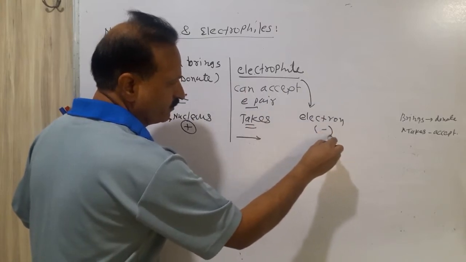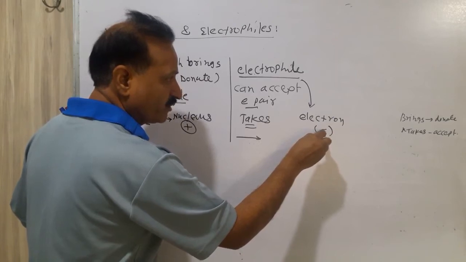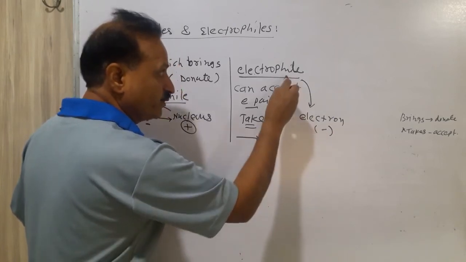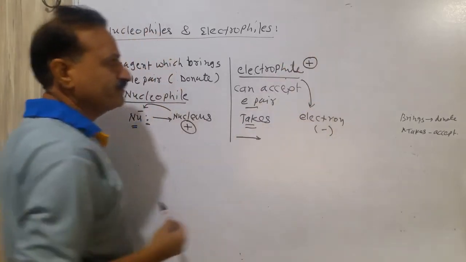Electron is negative, and its attraction is with positive, so electrophile must be positive.